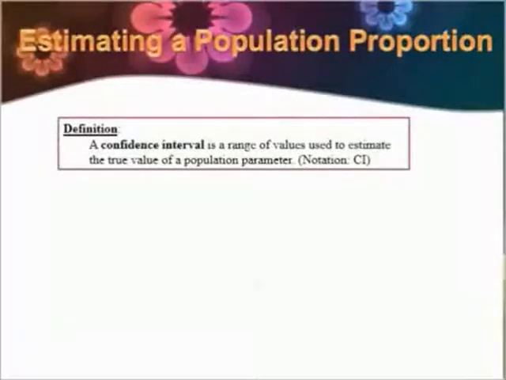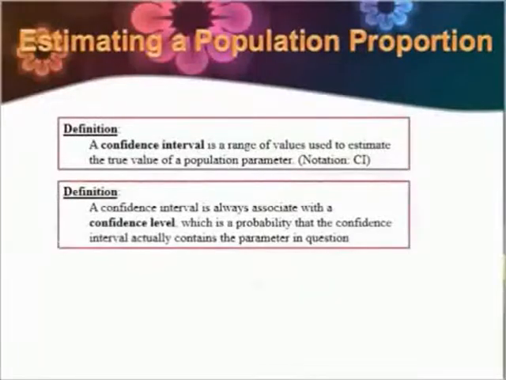A confidence interval is a range of values used to estimate the true value of a population parameter. And we sometimes refer to this as CI, for confidence interval. A confidence interval is always associated with a confidence level, which is the probability that a confidence interval actually contains the parameter in question.